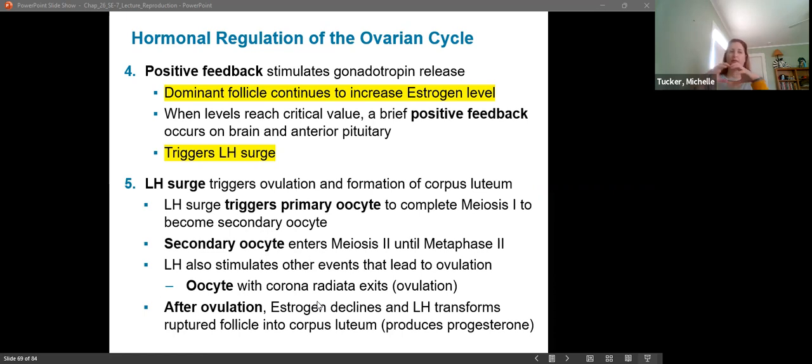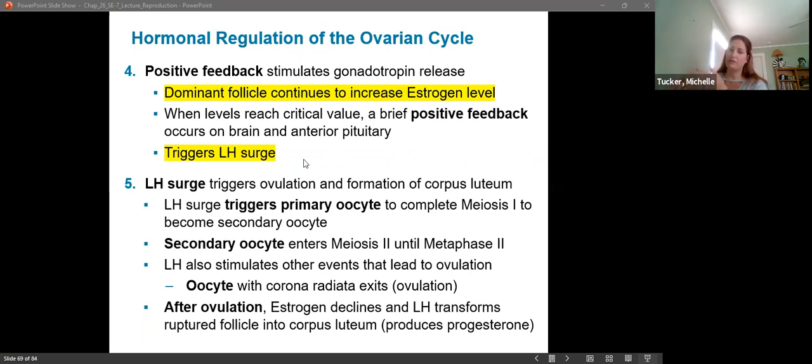So we have a healthy dominant follicle with lots of granulosa cells producing lots of estrogen. High estrogen then has a positive feedback mechanism to create an LH surge. The LH surge triggers ovulation, but now that breaks those granulosa cells.